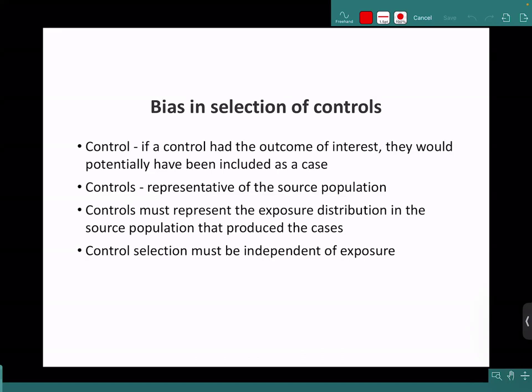So your controls have to represent the source population with respect to exposure. Another point for control is that it must be independent of the exposure. Your selection of the control should not be influenced by the presence or absence of the exposure. So when you are planning or reading a case control study, you should ask whether all of these criteria are being met for the controls.